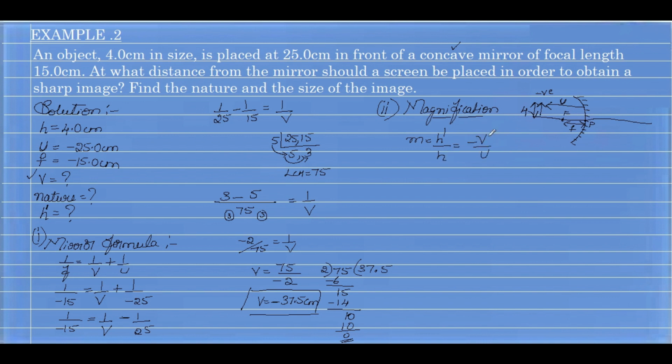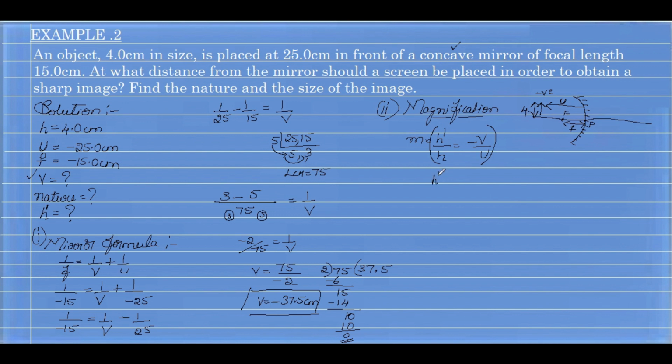So in the previous sum, h dash is also not given, h is also not given. If both are not given, we can't solve the problem using this. So we directly took m is equal to minus v by u. But in this problem, they have given the h value. So the h value is 4, and the v value is also there, the u value is also there. So we can take this formula.